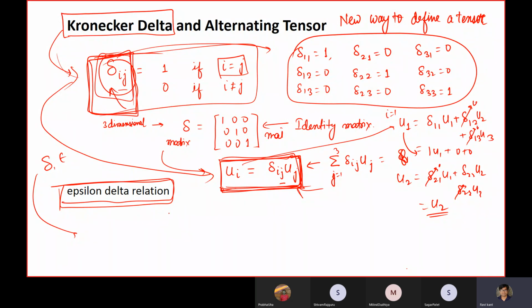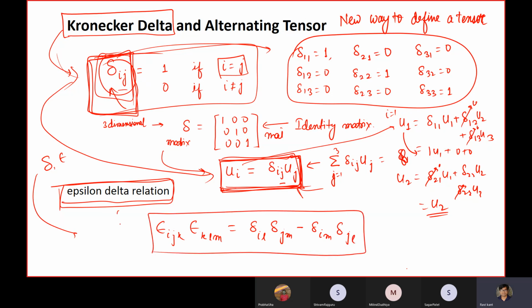It is stated that epsilon ijk times epsilon klm will be equal to delta il delta jm minus delta im delta jl. It goes through quite rigorous algebra, but we can memorize this formula, and it would be helpful while doing the tensor algebras throughout this course.